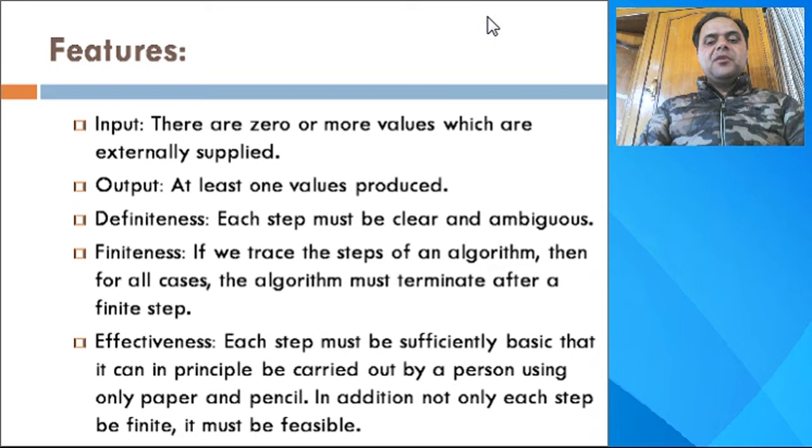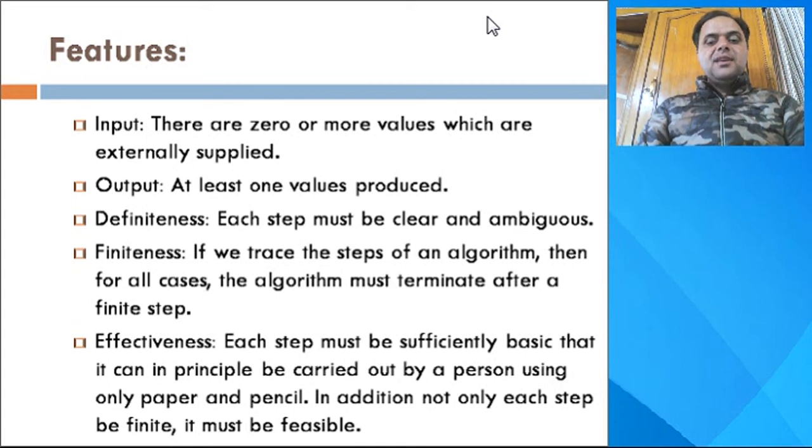Definedness: each step must be clear and unambiguous. Finiteness: if we trace the steps of an algorithm, then for all cases the algorithm must terminate after a finite number of steps. It should be finite, not infinite. Effectiveness: each step must be sufficiently basic that it can in principle be carried out by a person using only paper and pencil.